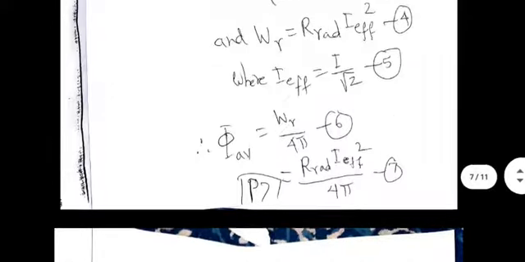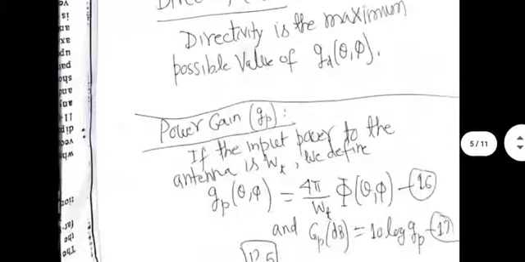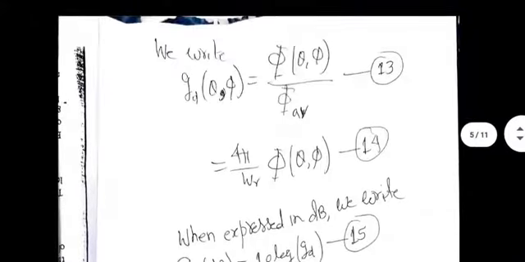The directive gain is 4 pi divided by WR into the radiation intensity in a theta phi direction. So I put the values: 4 pi divided by R rad I effective square, and I effective we have already seen. Radiation intensity we have already seen in terms of E. Let me go back.